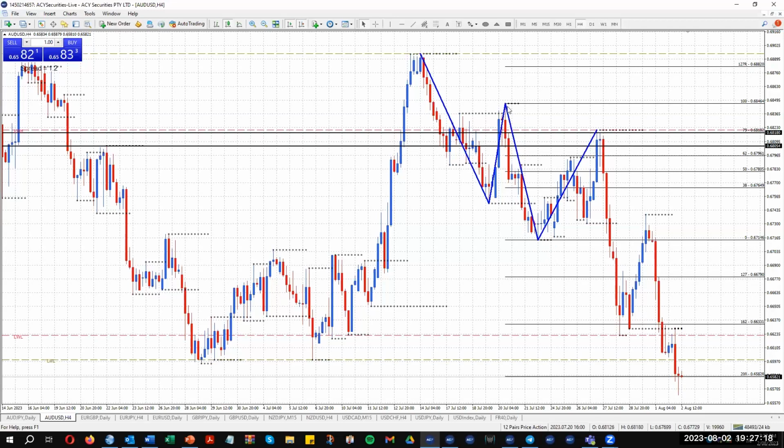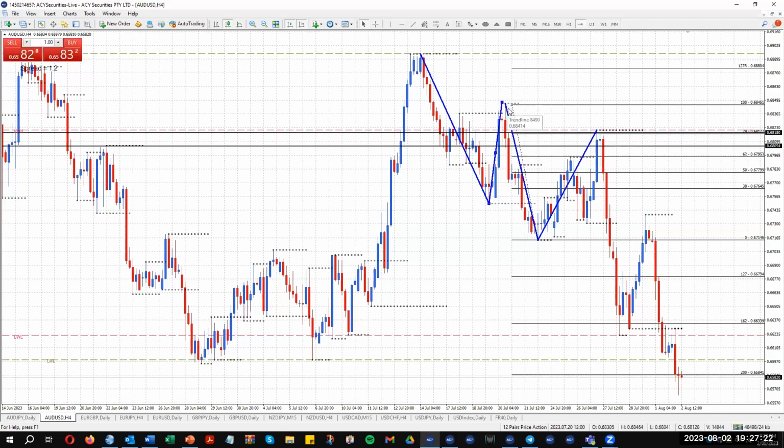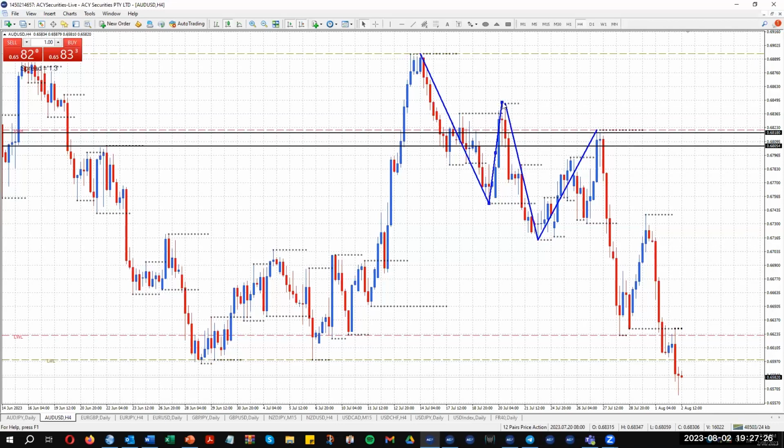And then I just want to get rid of that fib. We move down to there. And then we rally. Again, I would potentially be looking for the 79% retracement, but that doesn't come.